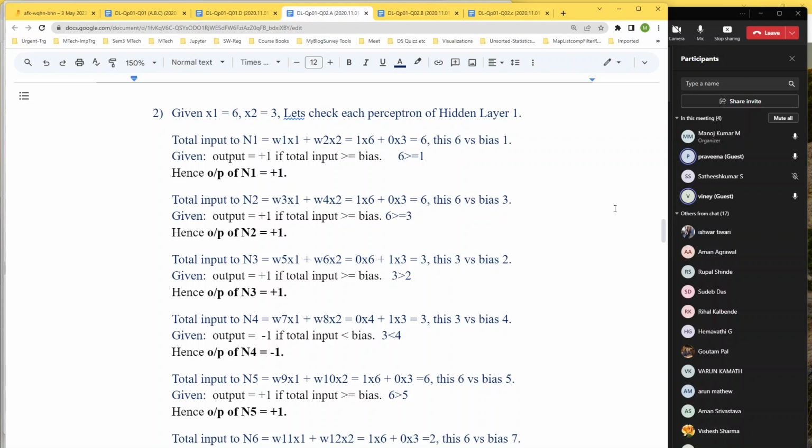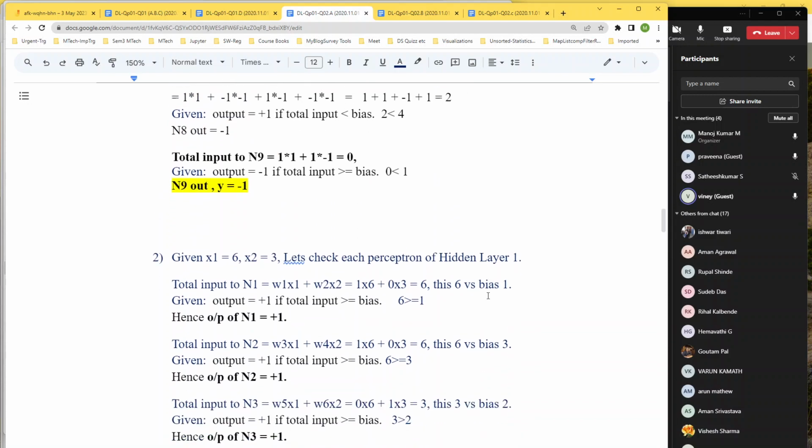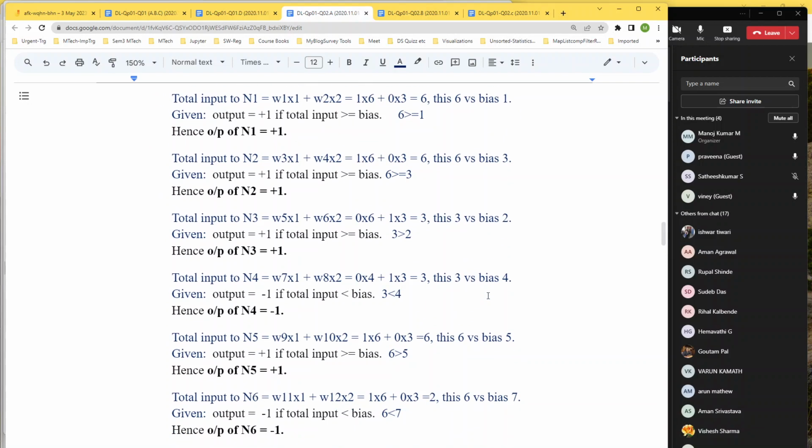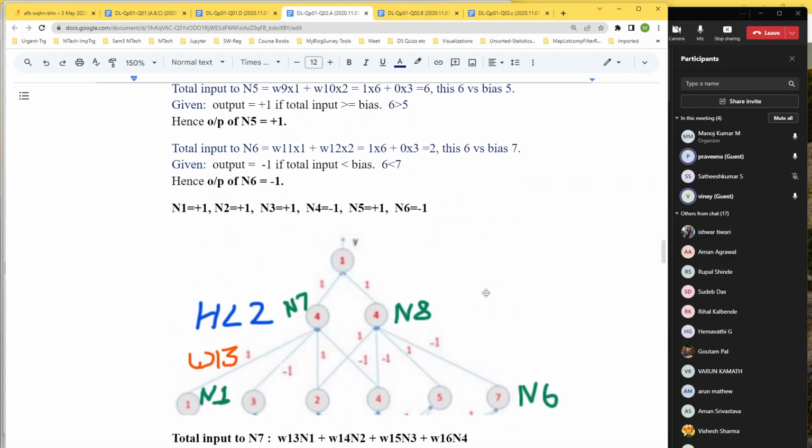6, 3: 1, 1, 1, minus 1, plus 1, plus 1, plus 1, plus 1, minus 1.